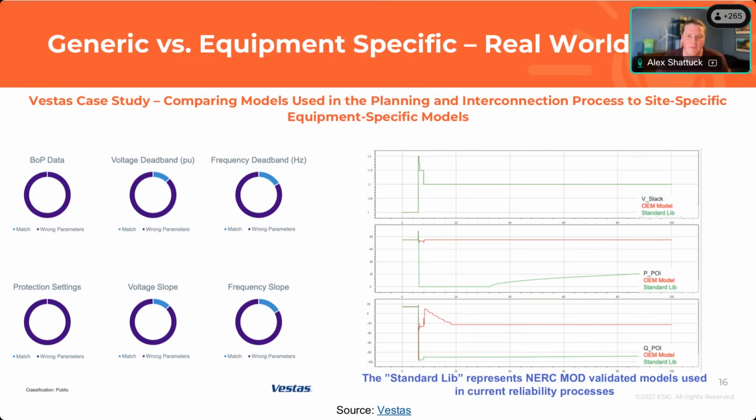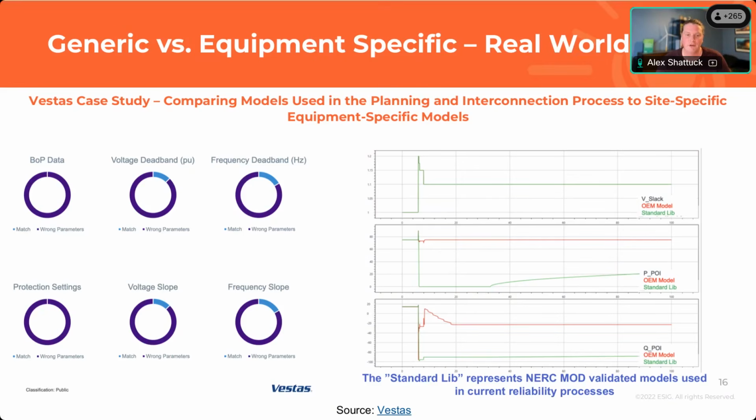The key thing, as we go to the picture on the right here, is that the models in these graphs and used in this study are all NERC validated models, right? So all of these are NERC MOD-26 and NERC MOD-27 compliant, which means in the current paradigm, like we talked about before, these are perfect models. They pass all the tests, they pass the regulatory requirements.